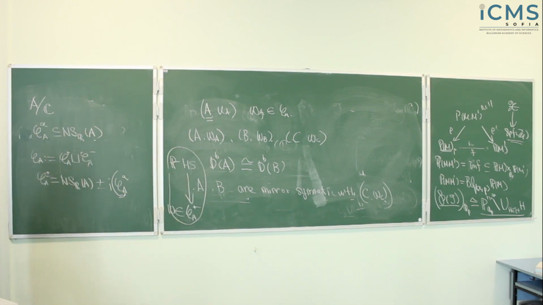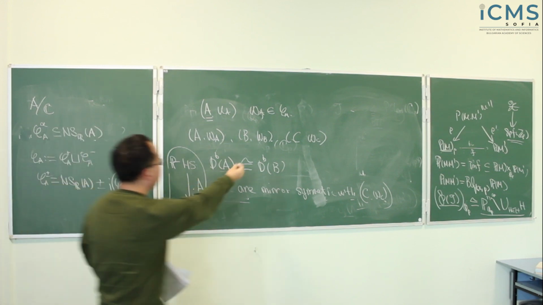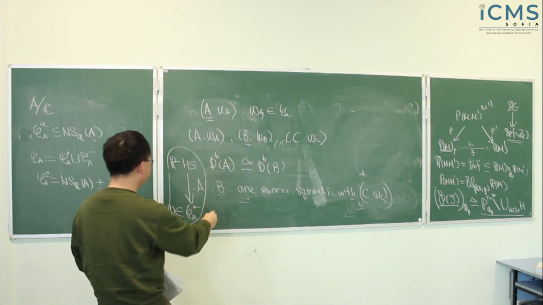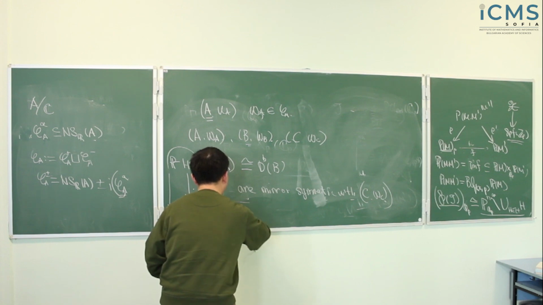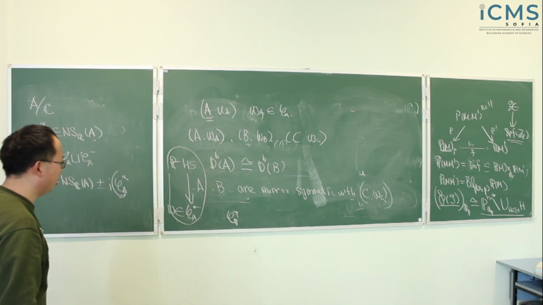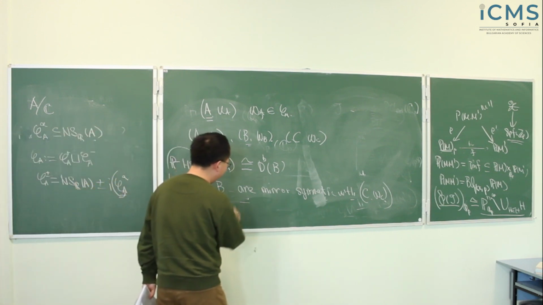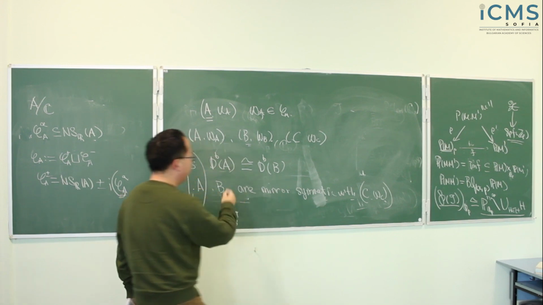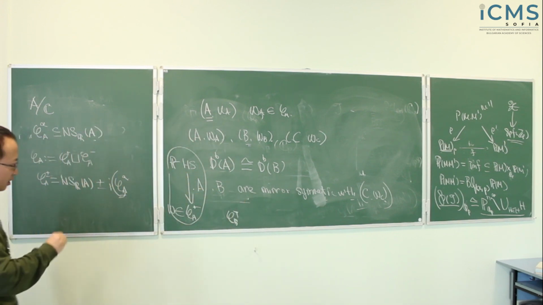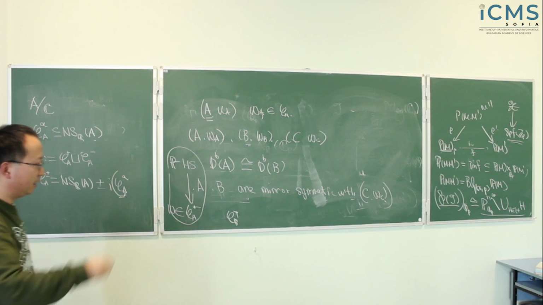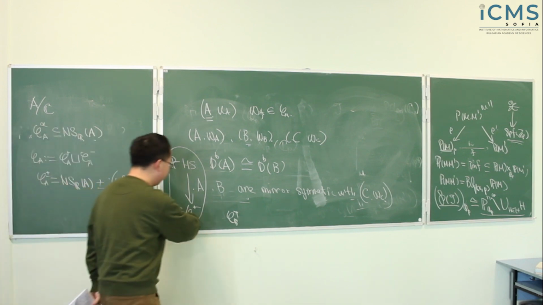So we call that a mirror symmetry relation. For this B, we can also get a C B plus, and this guy is also a Hermitian symmetric domain, and you will get a variation of Hodge structure over it. And we can define the mirror symmetry as a commutative relation between these two.